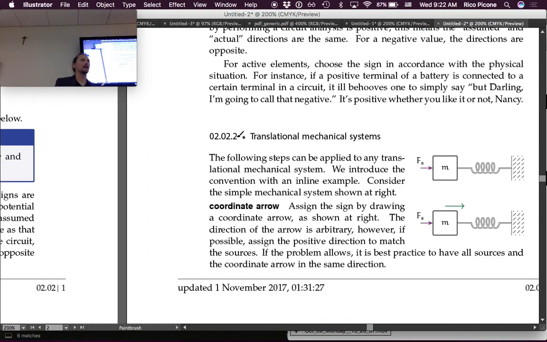So let's talk translational mechanical systems. These kind of increase in difficulty, I would say, with the sign convention. Actually, the textbook pretty much just punts on this point. It almost does not talk about a sign convention for translational mechanical systems or rotational mechanical systems, but I think it's important.